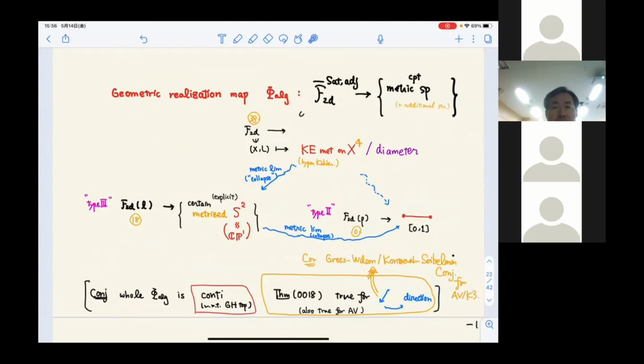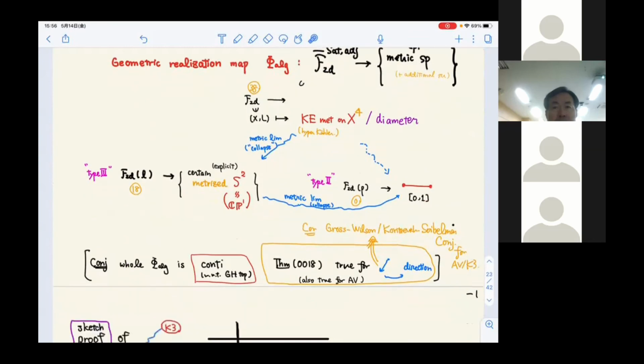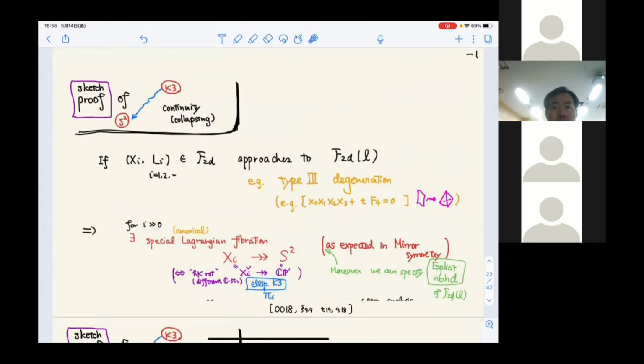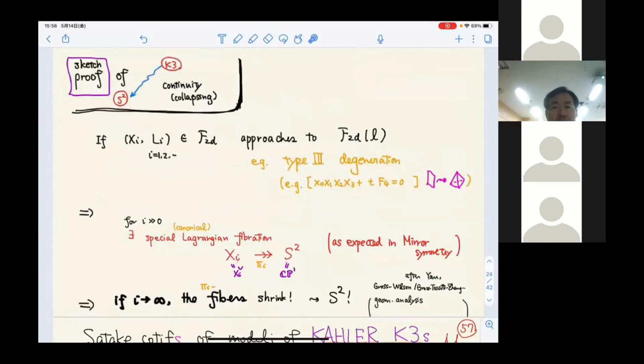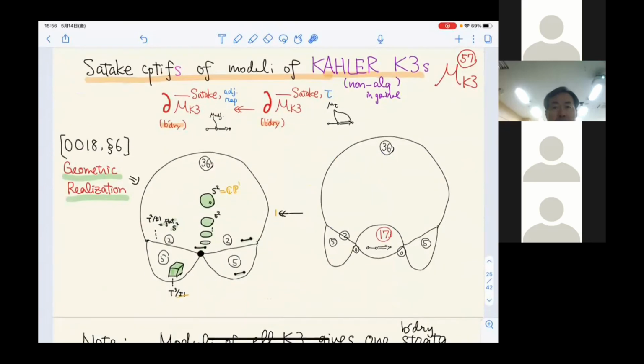That is what we proved. And we expect the same for this type 2 case. In particular, the conjecture of Kontsevich-Soibelman is proved for the K3 case. The proof uses a construction of special Lagrangian fibration that we omit.